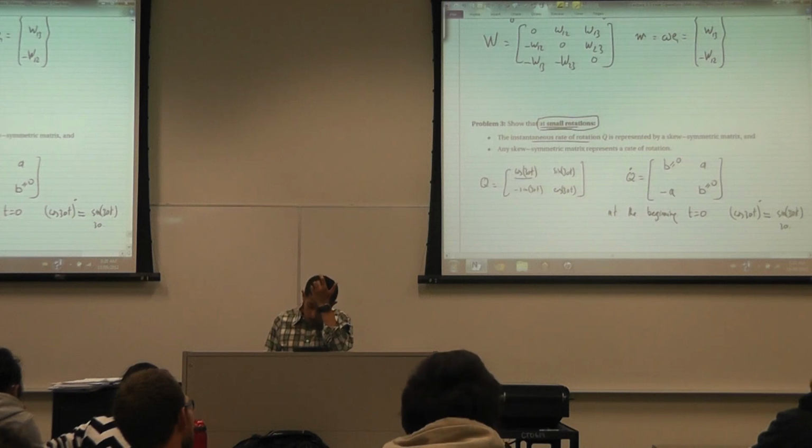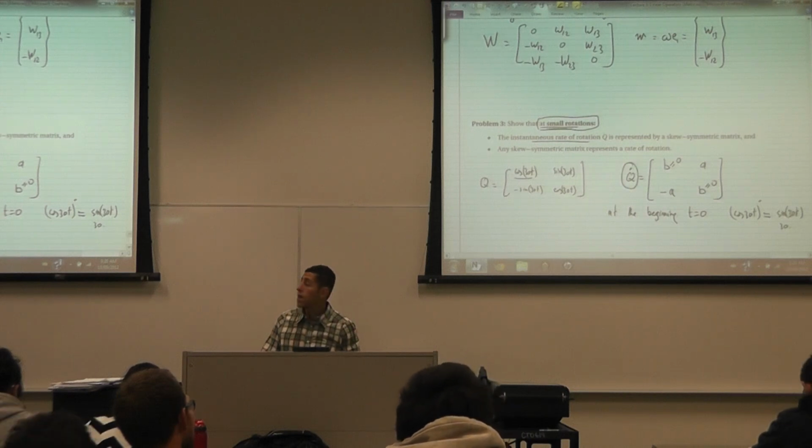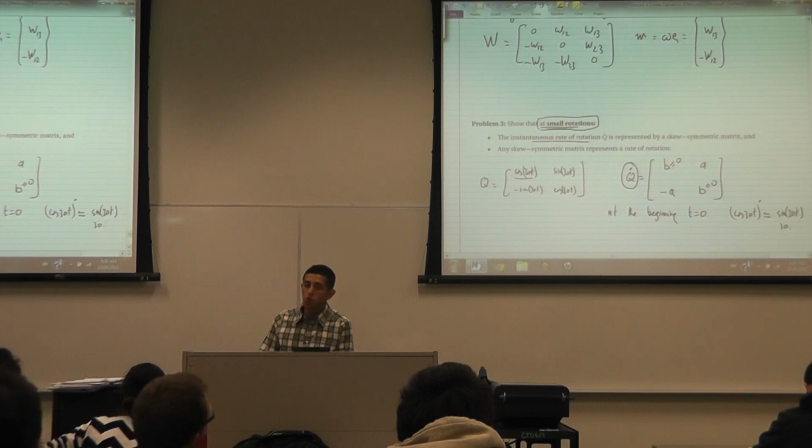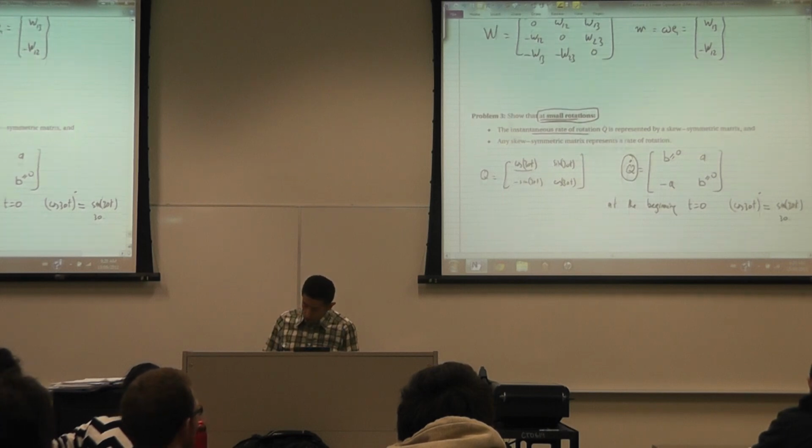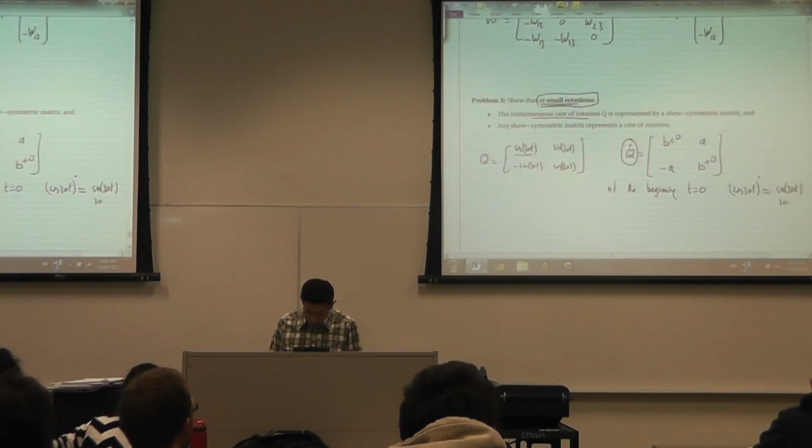Which means that Q dot is a skew symmetric matrix at small rotations. This is just an example, and I'll prove it right now.